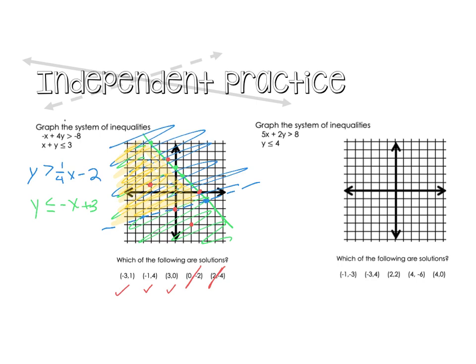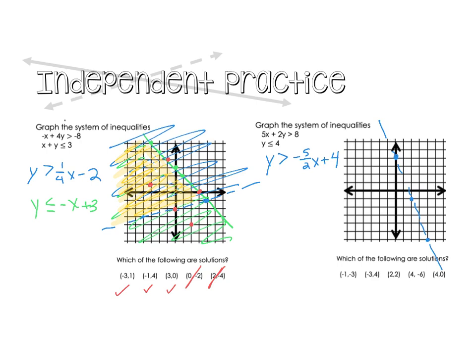Looking at the next one, we've got y is greater than negative 5/2x plus 4. So when I graph that, I'm going to start at the y-intercept, come down 5 and over 2. And that's going to be a dotted line.